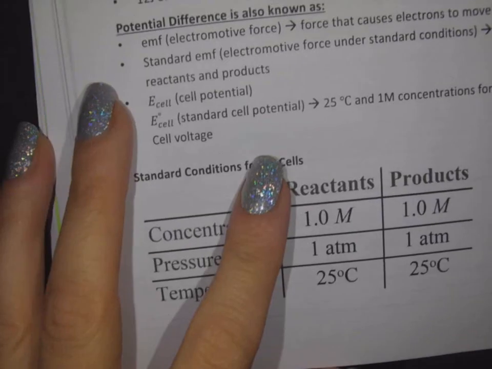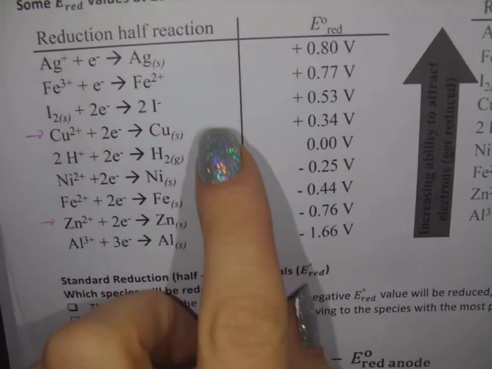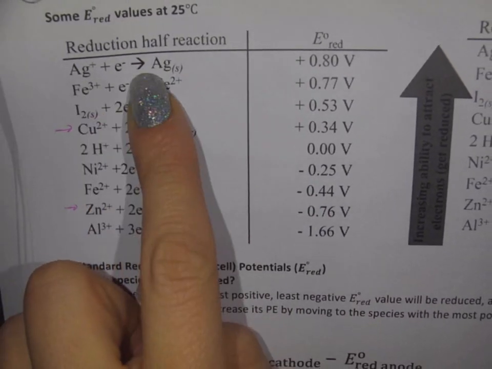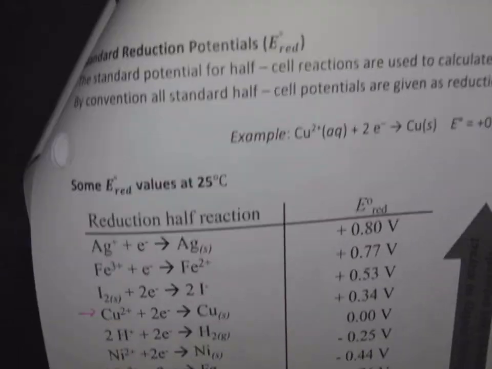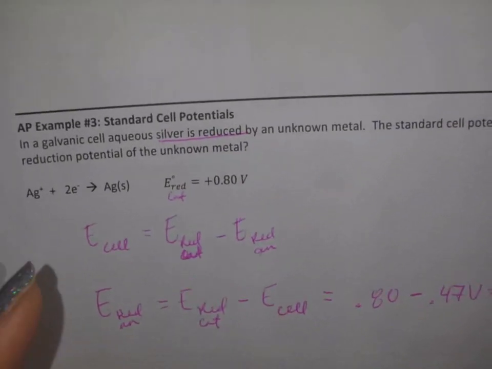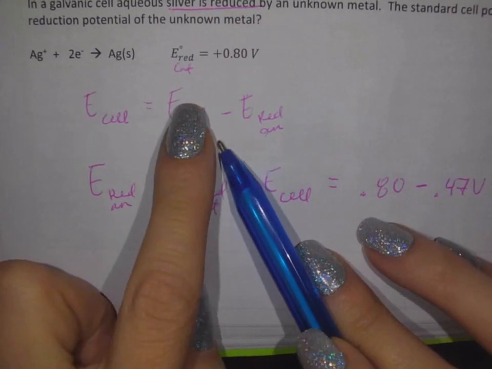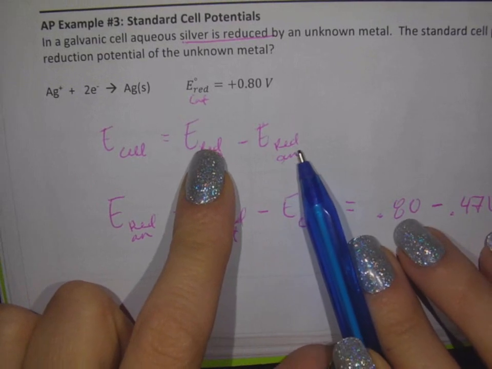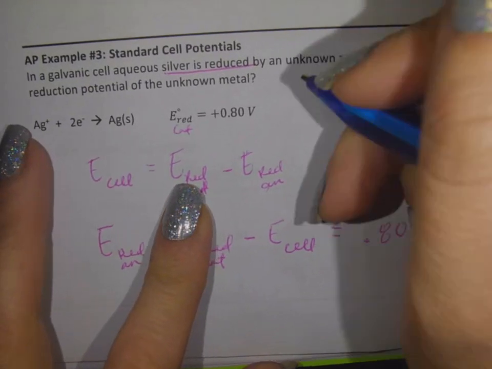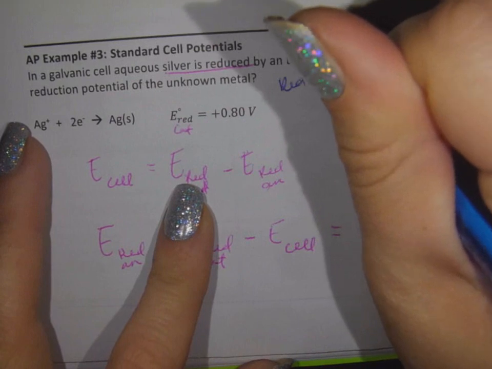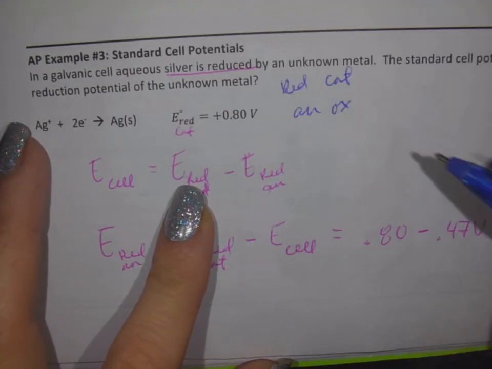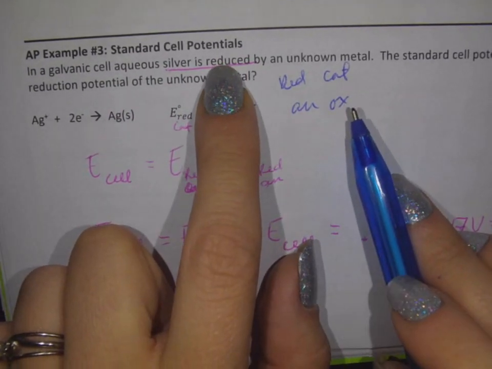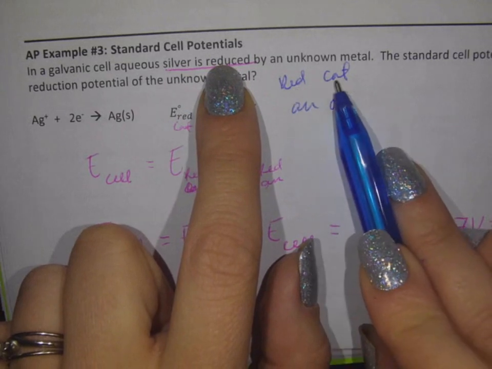These lists of reducing half reactions, where they're all reduction because we're gaining electrons, it is the cathode minus the anode. So we know red, cat, and ox. So if the silver is reducing, then it's the cathode.